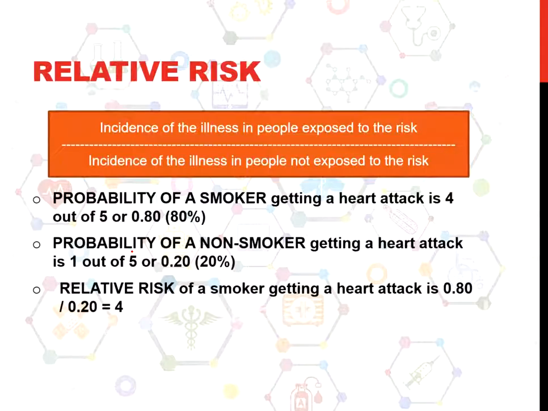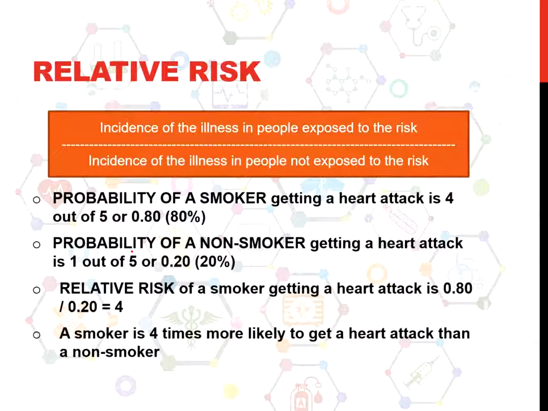Okay, so relative risk of a smoker getting a heart attack is 0.8 over 0.2, which is 4. So, paano yun? A smoker is 4 times more likely to get a heart attack than a non-smoker. So, tandaan, ito na yung pattern na usually na ginagamit. Tandaan yung mga sentences, yan na din yun. Pinapalitan lang natin ng data.